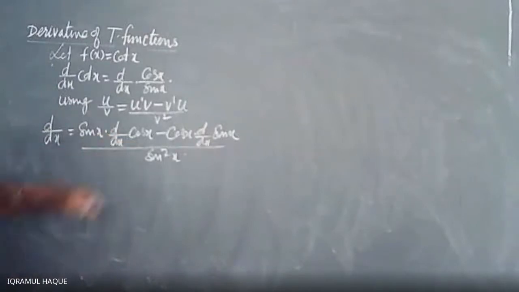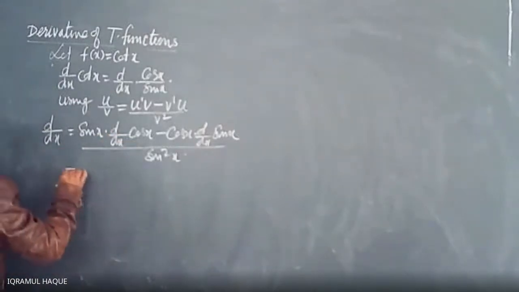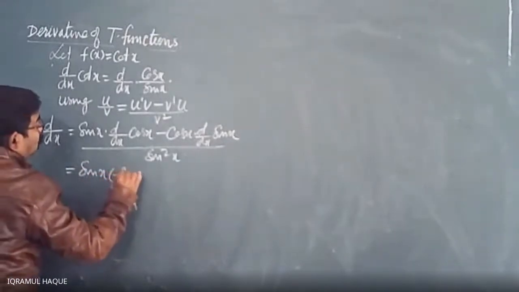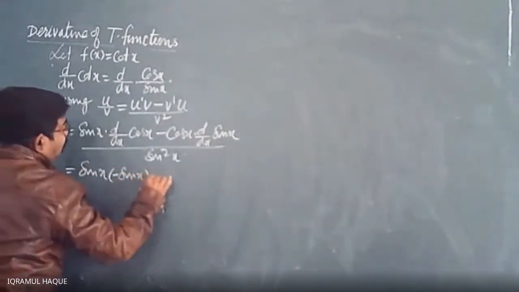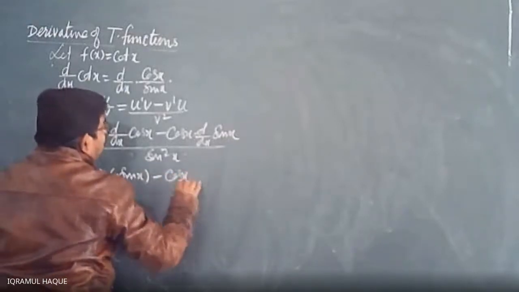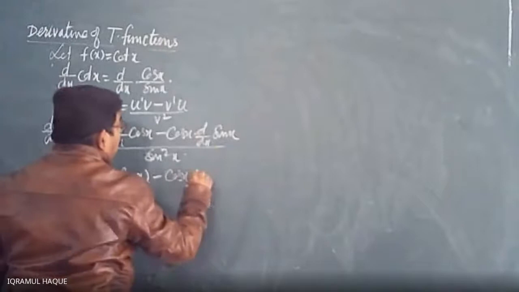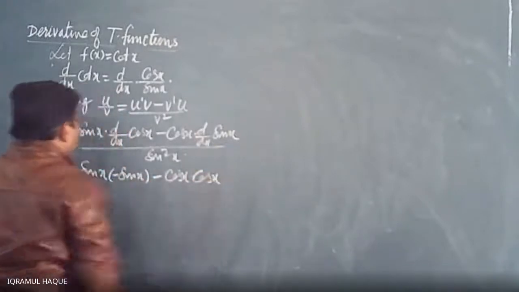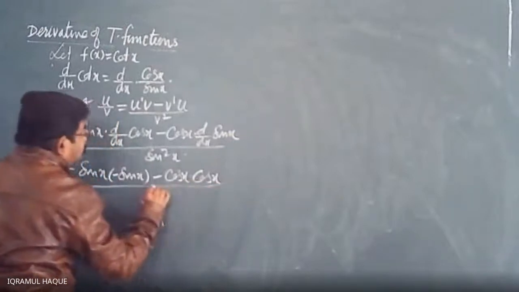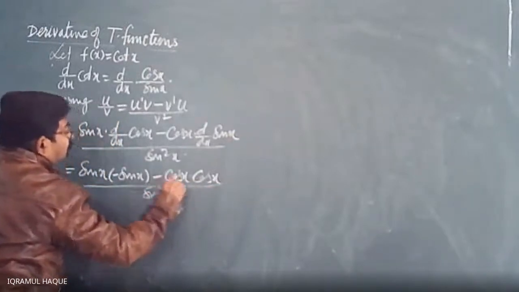Derivative of cos x is minus sin x. So we have sin x into minus sin x minus cos x into cos x upon sin square x.